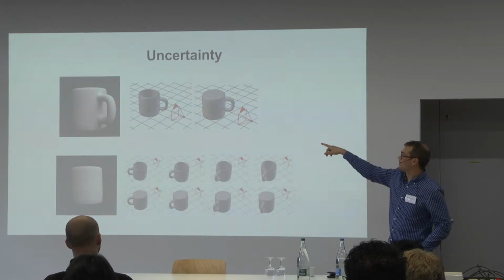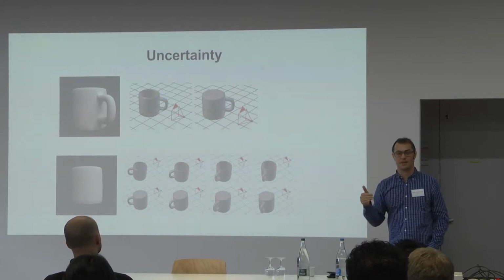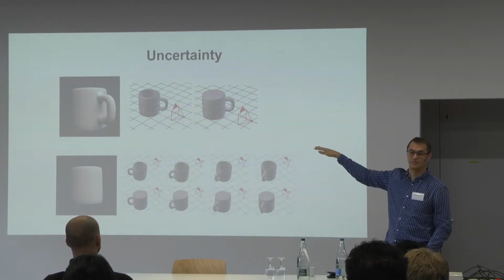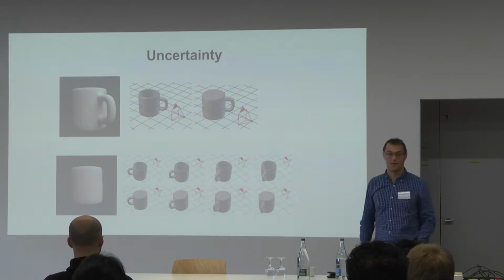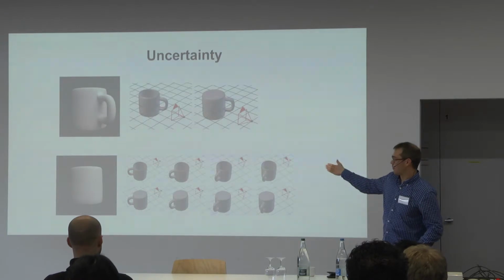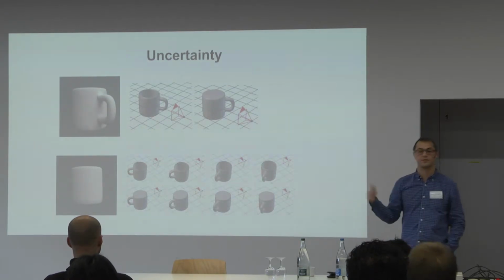So I don't know whether it is upright or not. But I know basically the right angle because I know where the handle is. So these are two possible poses that are consistent with that image on the top. On the bottom, if I can't see the handle at all, then I have even more uncertainty. So now, again, it could be upright or down, and then actually there's a whole range of angles at which the handle could be.